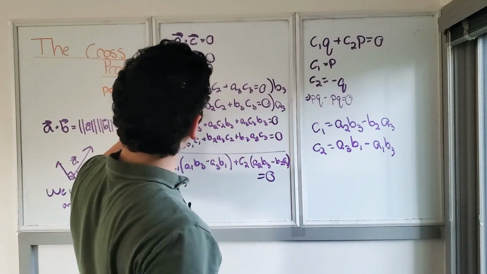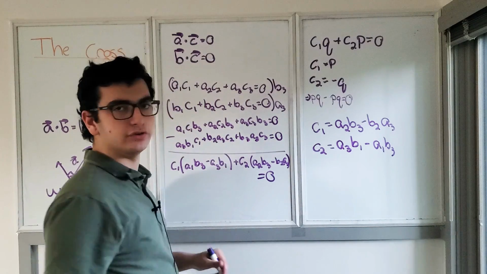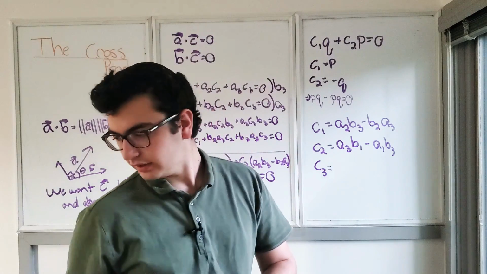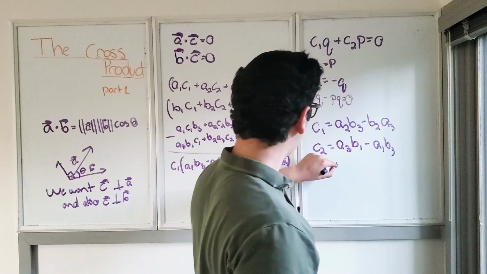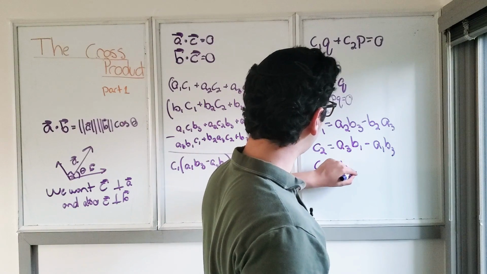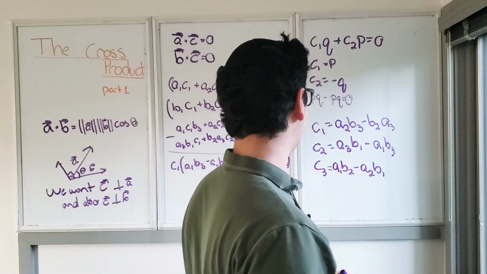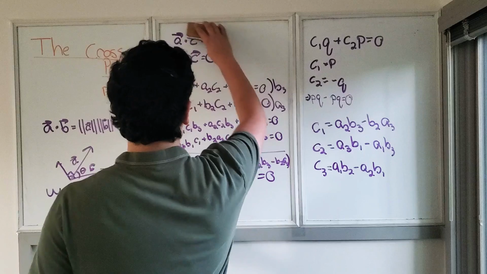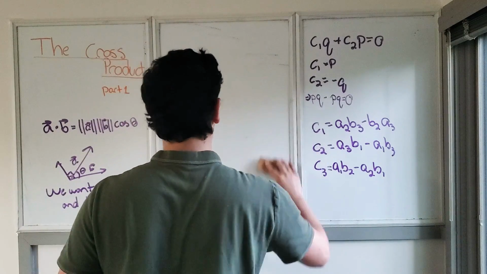And we could plug this into either the first or second equation to get our solution for C3. I went ahead and did that. It's just a little tedious. C3 comes out to be A1 B2 minus A2 B1. And so we can rewrite this as a vector.